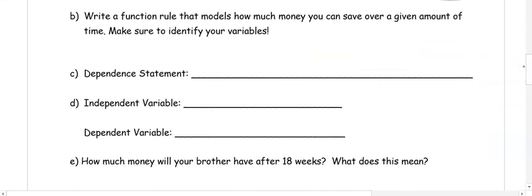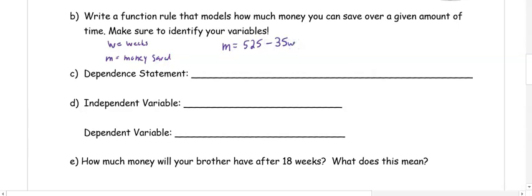So we want to write a function rule that models the money saved over a given amount of time. So we're going to use W for weeks, and M for money saved. So the money saved is equal to 525 minus 35 per week, so minus 35W.